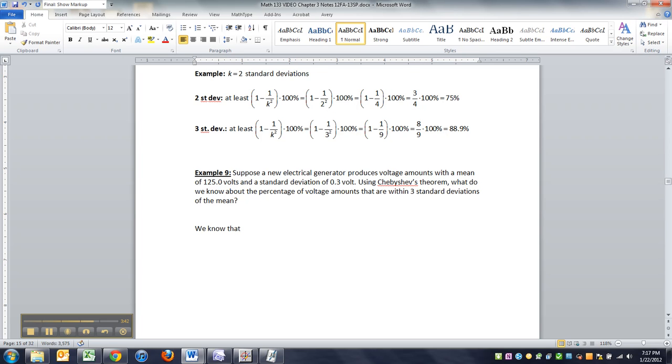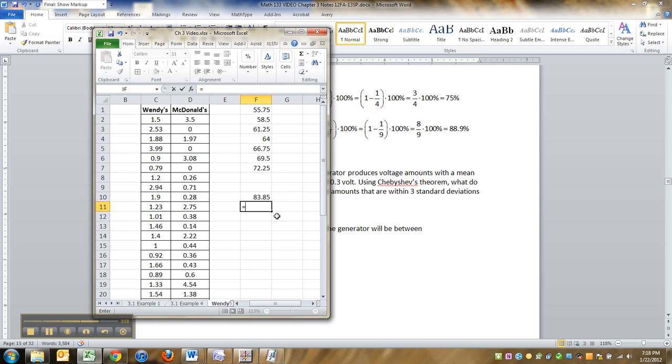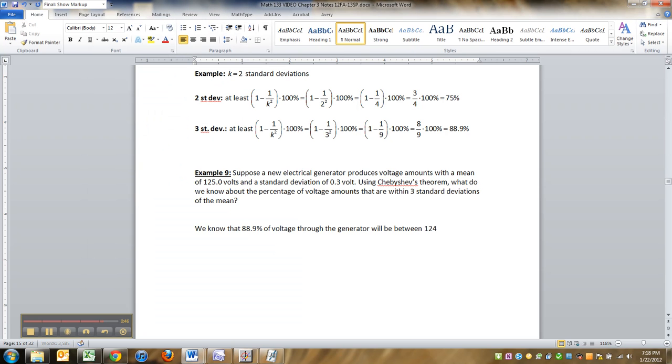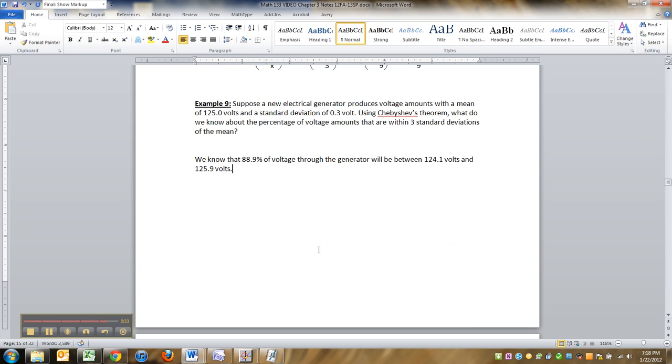We know that 88.9% of voltage through the generator will be between 125 plus 3 times 0.3 and 125 minus 3 times 0.3. Between 124.1 volts and 125.9 volts.